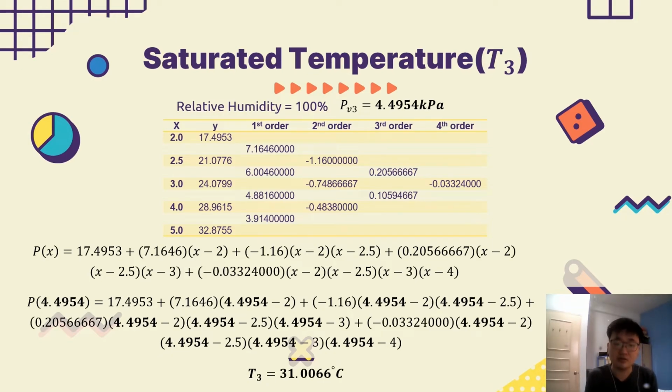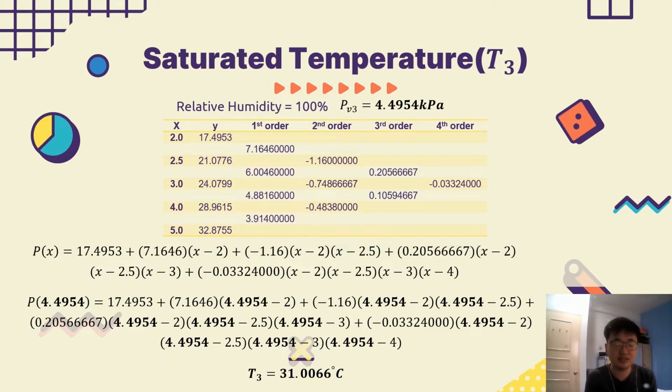We get 17.4953 plus 7.1646 times (x minus 2), then plus negative 1.16 times (x minus 2)(x minus 2.5), and continue until the last term, negative 0.03324 times (x minus 2)(x minus 2.5)(x minus 3)(x minus 4).